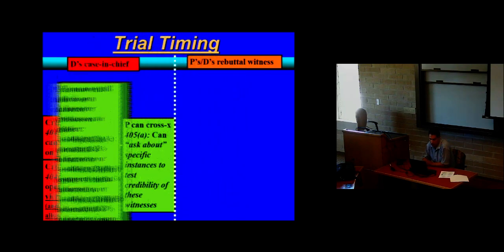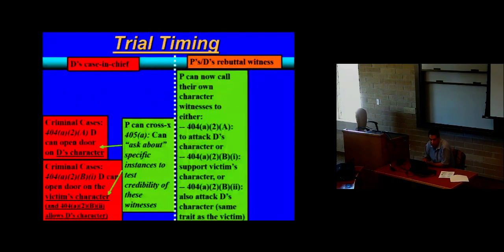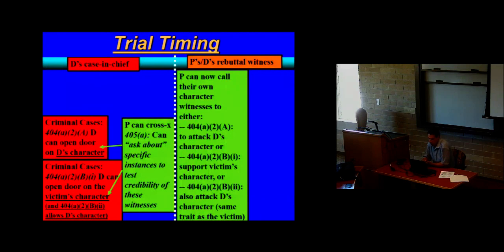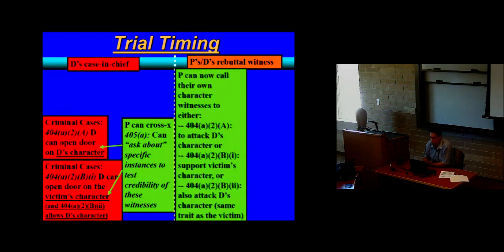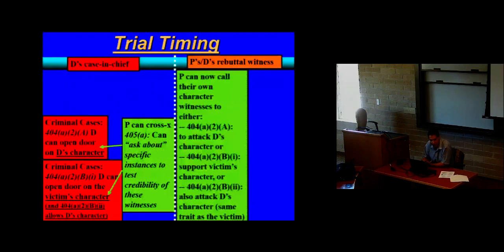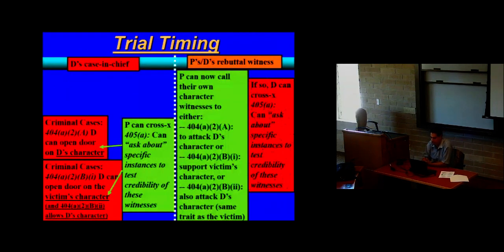All right, so those rebuttal witnesses are really going against what the defense witnesses said. So the prosecution could call witnesses now that say the exact opposite of what the defense character witnesses would have said.